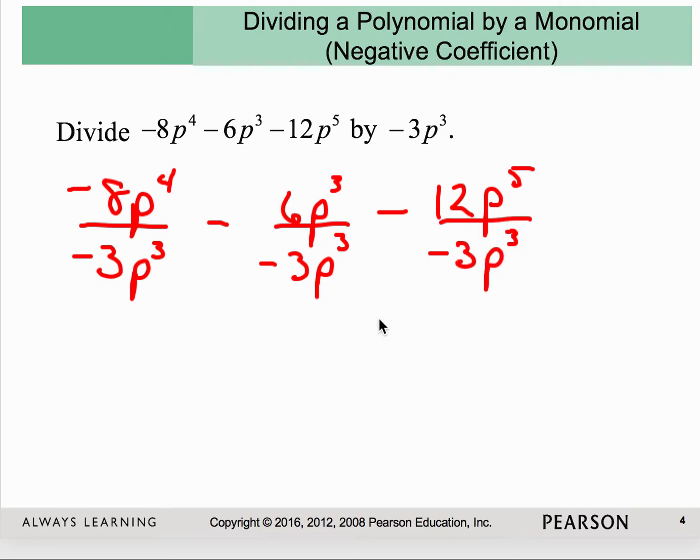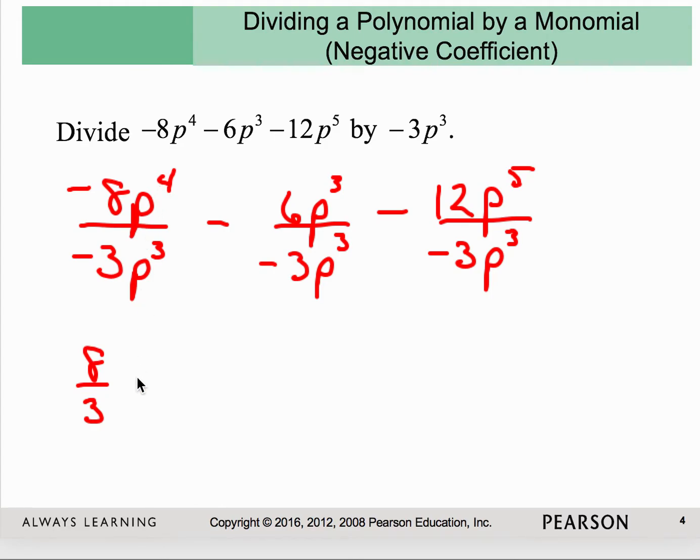Okay, now what I got to be careful of here is look what I have really. 2 negatives, so this is a positive. And 8 and 3 don't simplify any. So my coefficient for that is just going to be that fractional 8/3.